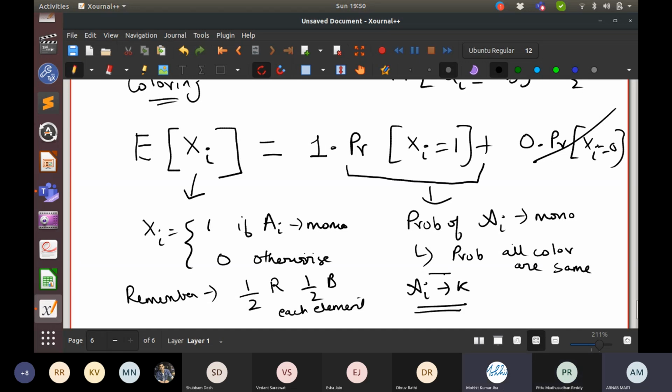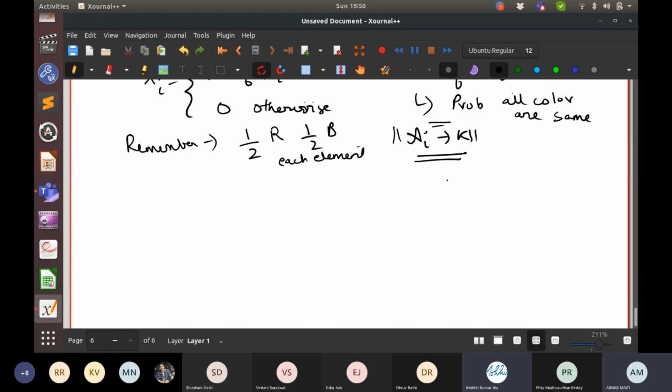So what will be this probability? Can someone tell me? It will be 2 by 2 to the power k, that is, 1 by 2 to the power k minus 1.